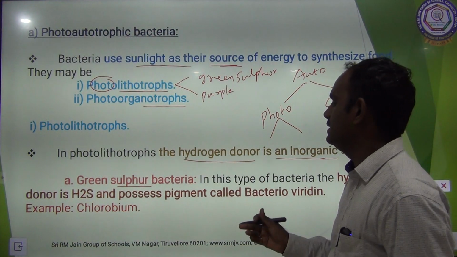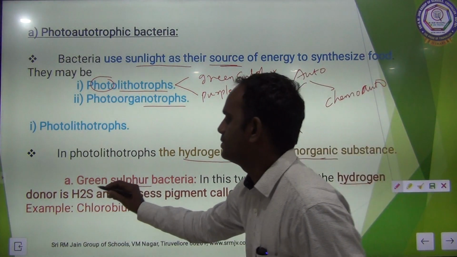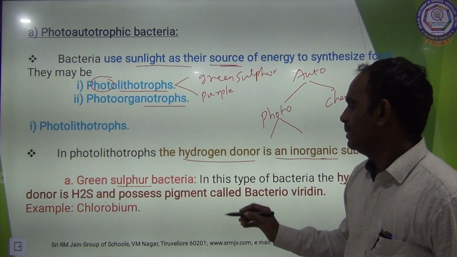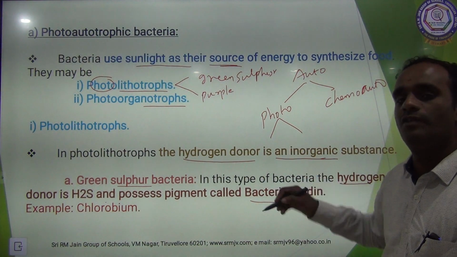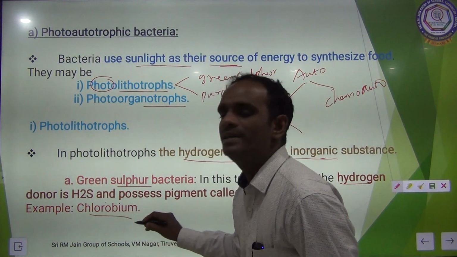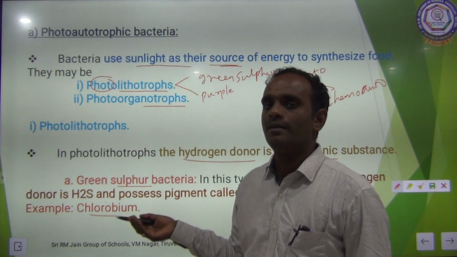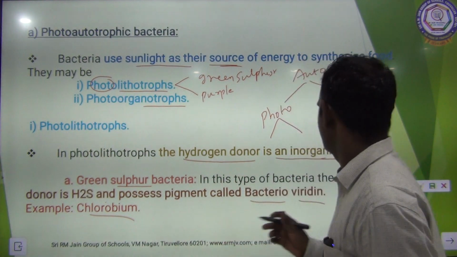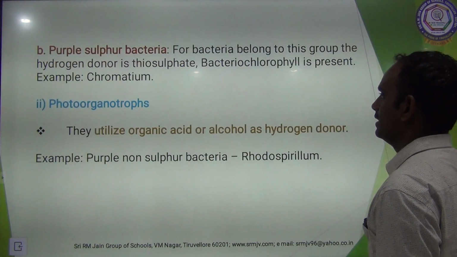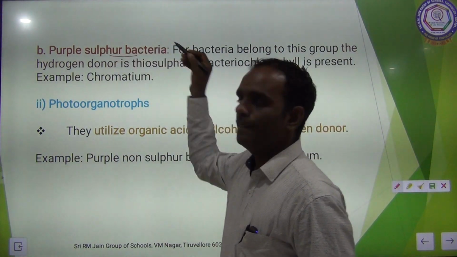In green sulfur bacteria, the hydrogen donor is H2S and they possess a pigment called bacterioviridin. Example for green sulfur bacteria: Chlorobium. Please repeat after me. The next one is purple sulfur bacteria.